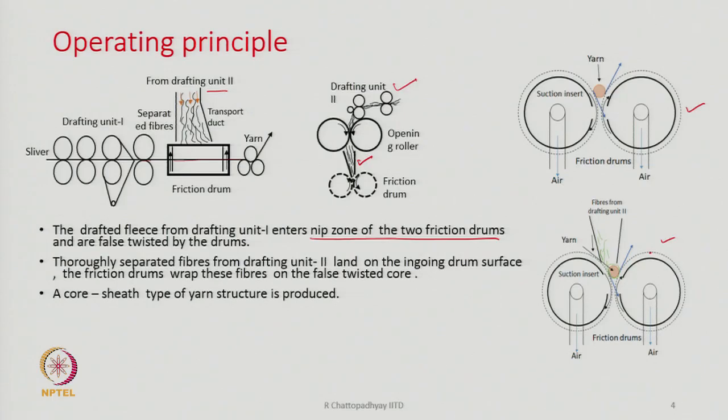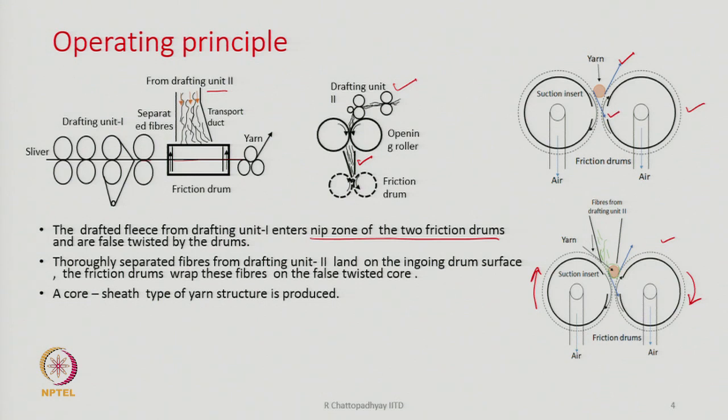Because this roller surface is moving, and this perforated friction drum is also moving, at the zone where they are in contact with the two surfaces, the frictional force will work, as shown here by this blue arrow.